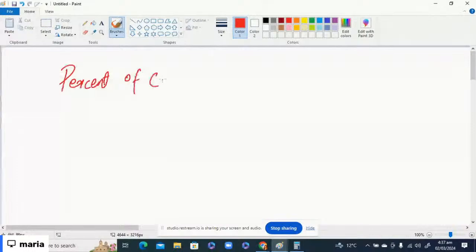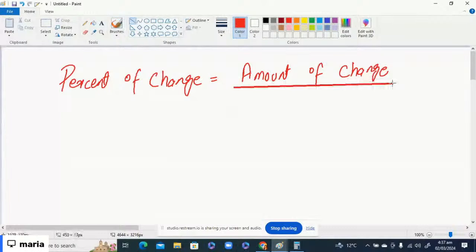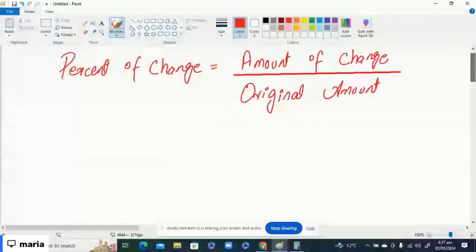So percent of change equals amount of change over original amount. Amount of change over original amount.